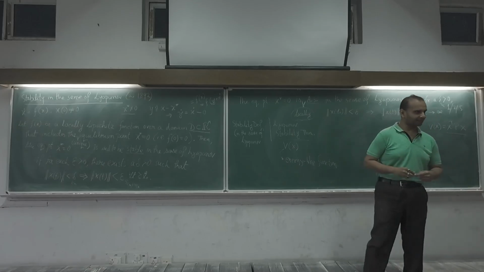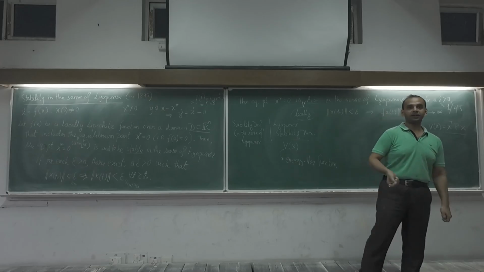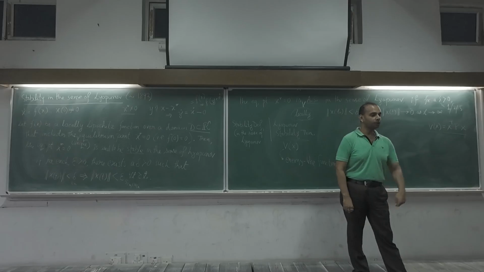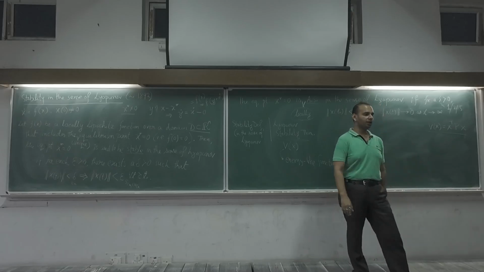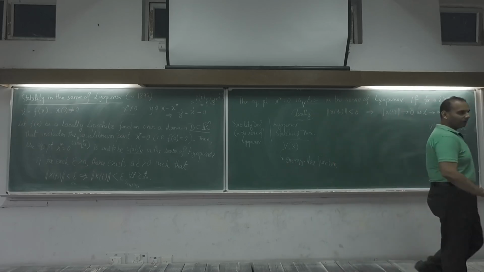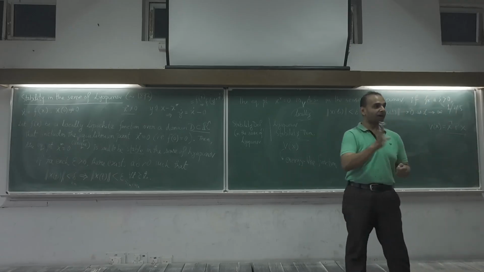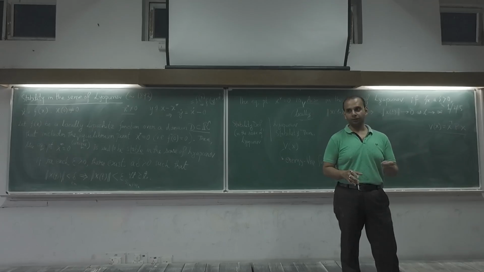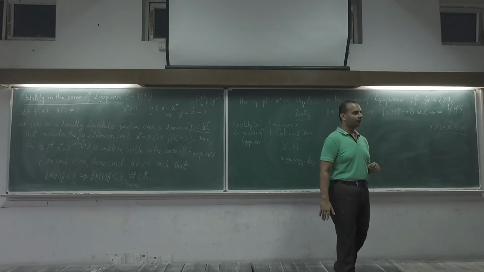Suppose you have a physical system. If somebody asks you what stability is in the physical sense, how would you explain? You give a jerk or a perturbation to your system. If it comes back to the original position after the perturbation is withdrawn, then it is asymptotically stable, right?